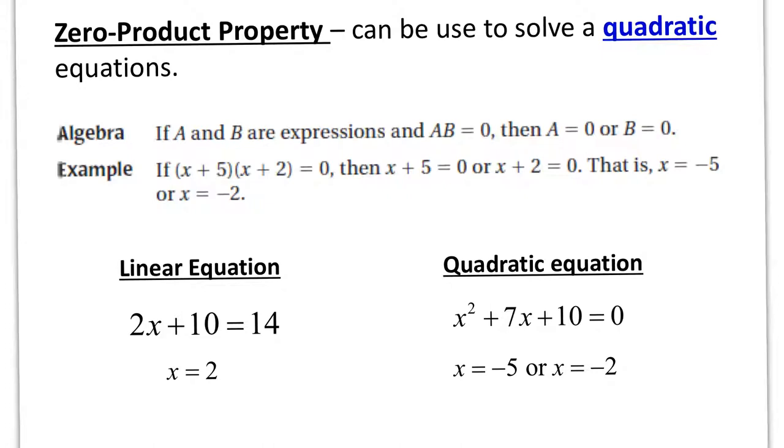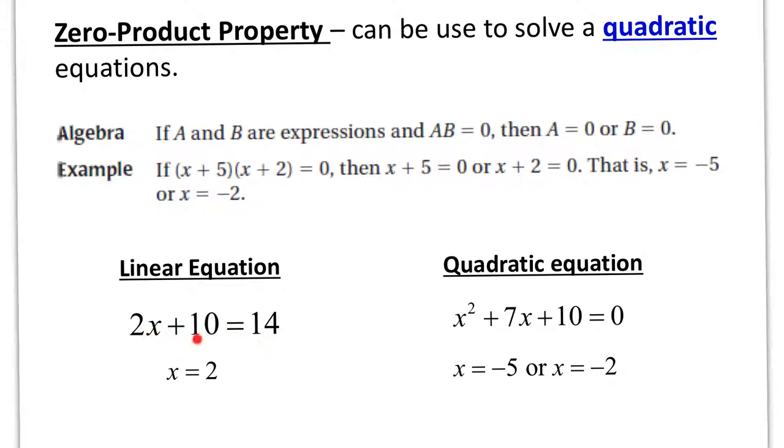Now you might be asking, why do I have a linear equation on the left side? Well, this is just to compare and for you guys to understand what you are learning in this algebra class. So in the previous videos, at the beginning of the school year, you learned about linear equations. You have an equation similar to this, 2x plus 10 equals 14.